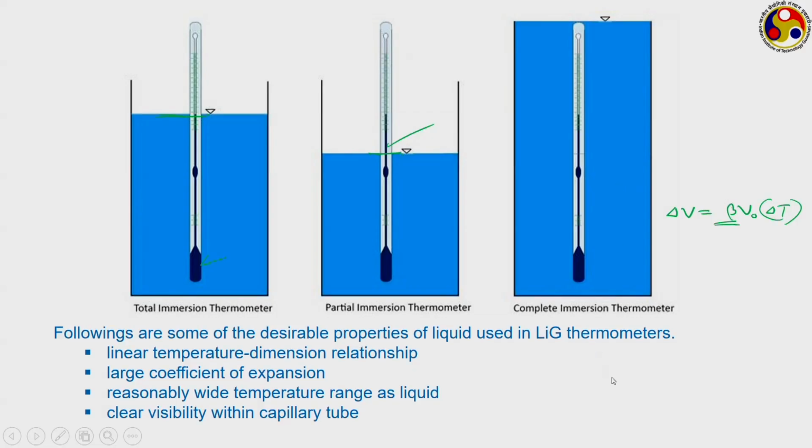Clear visibility within the capillary: mercury scores over spirit, because mercury is opaque and clearly visible within the capillary. However, alcohol is transparent and can be used only after it is colored with a certain kind of dye. And the liquid should not adhere to the capillary wall, where again mercury is better compared to spirits.